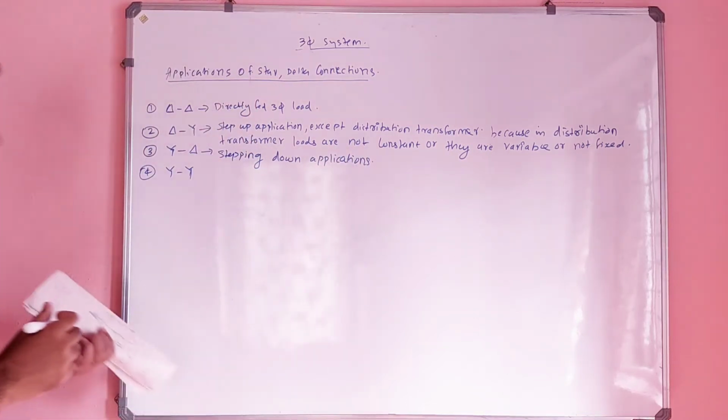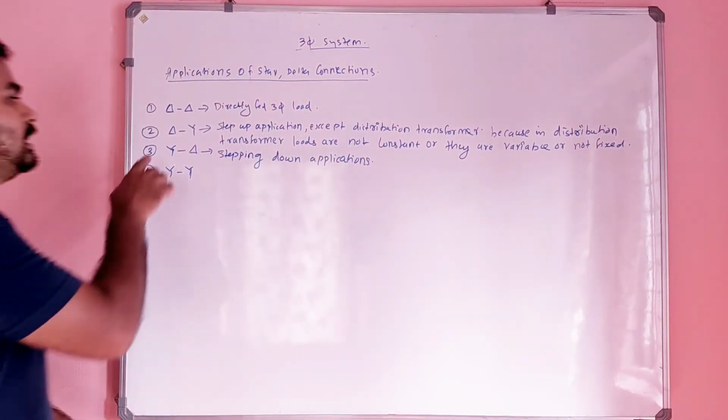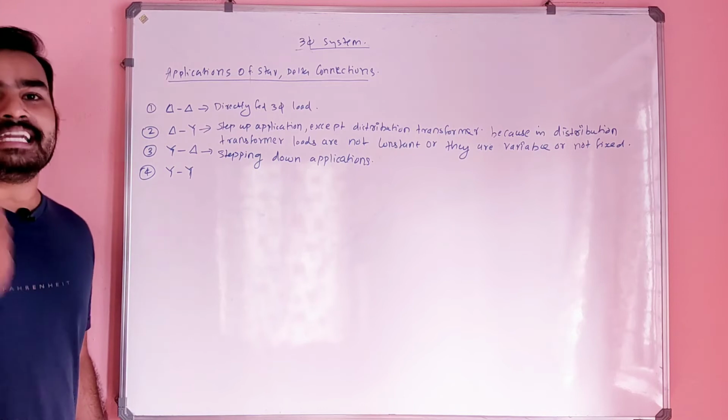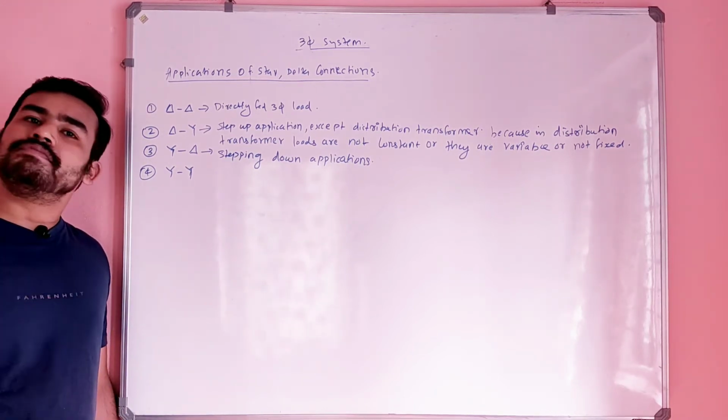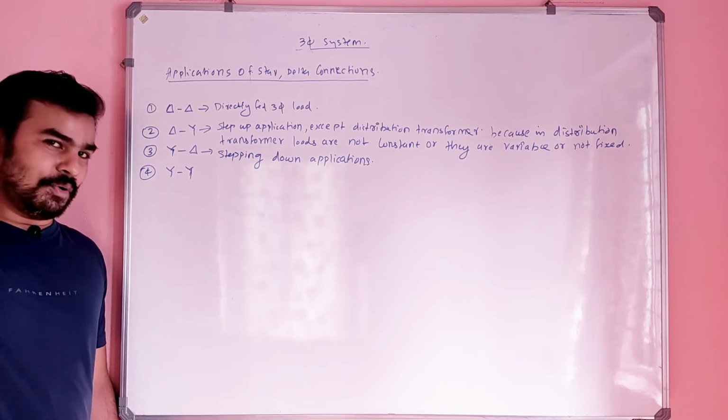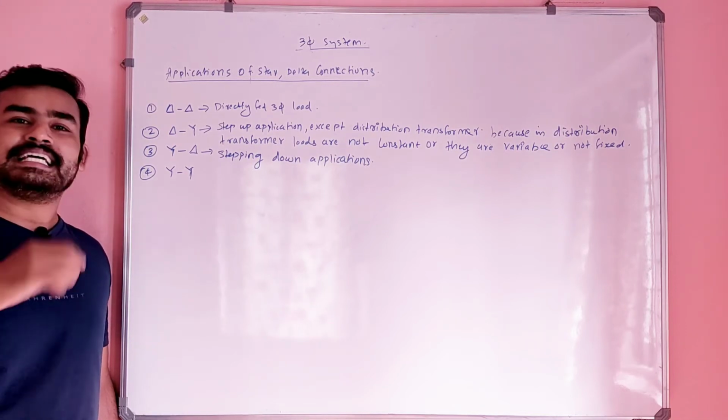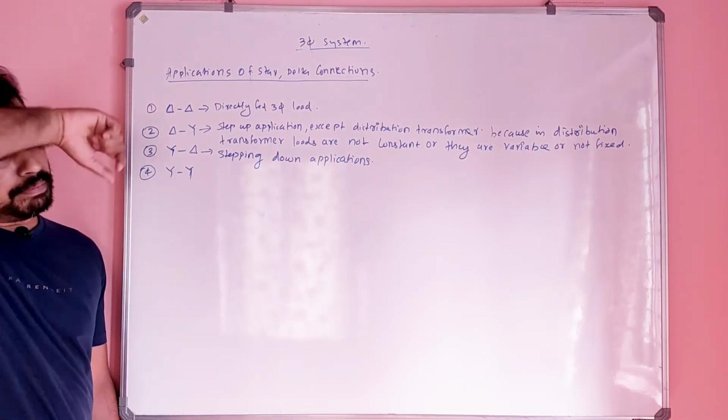In stepping down applications, we can use star to delta, because in delta connection we know that VL is equal to V phase, there is no change in voltage, so it can simply be used for step down application.